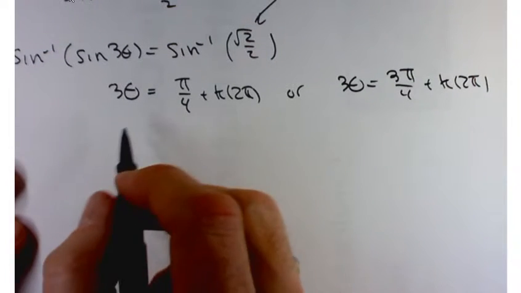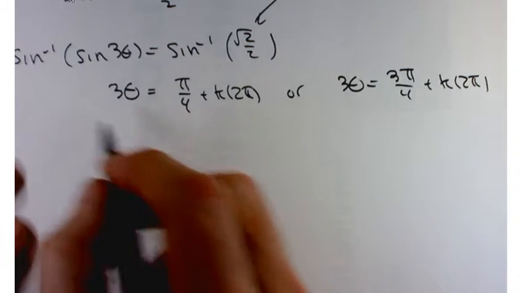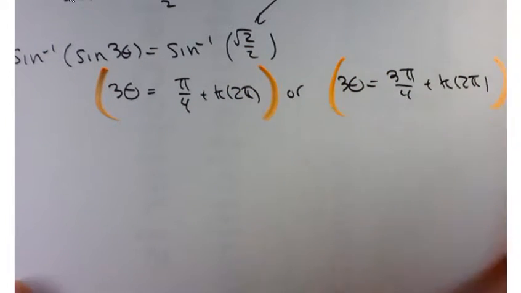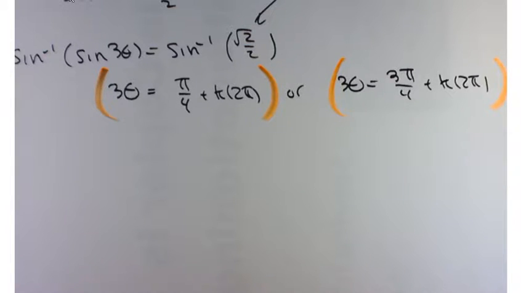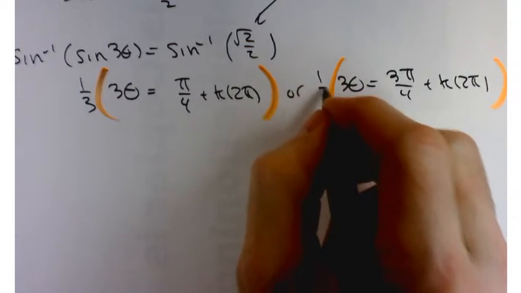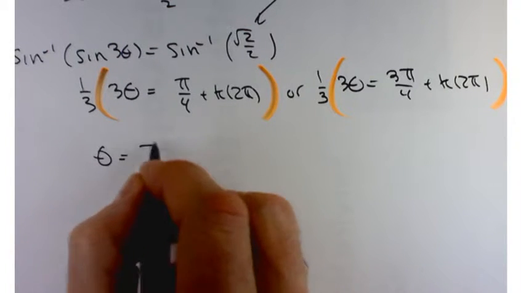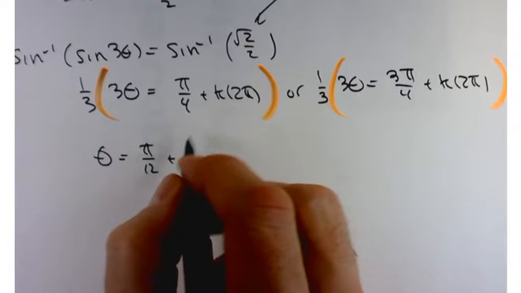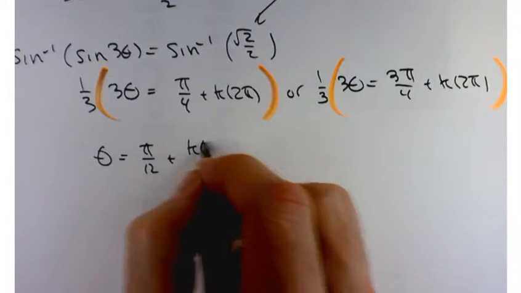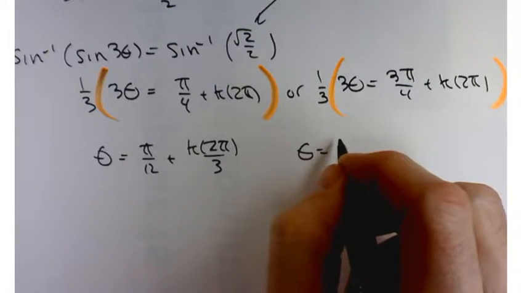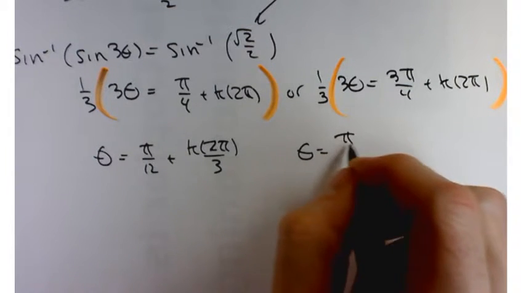The rest of this is just to solve for theta. So what do I have to do to solve for theta? Yeah, multiply by 3, or divide by 3, or multiply by 1/3. So 1/3 here, 1/3 here, distributing itself to all terms, I get theta equals pi over 12 plus k times 2 pi over 3, or theta equals pi over 4.